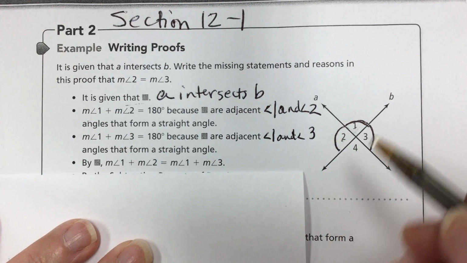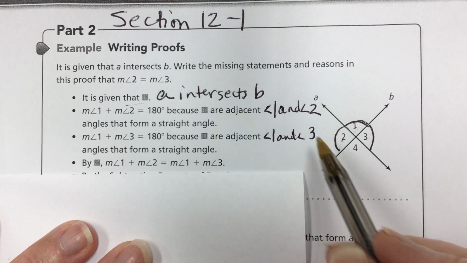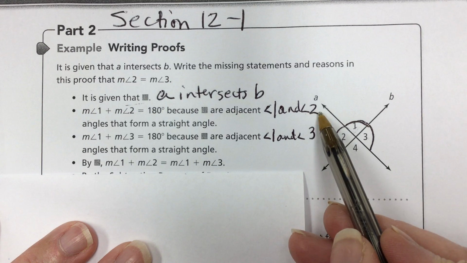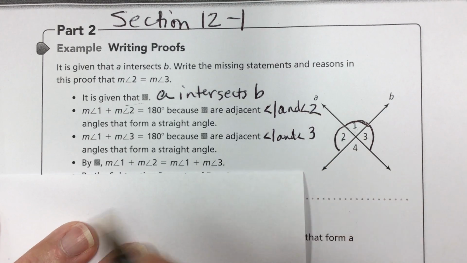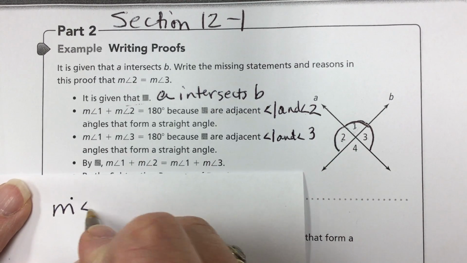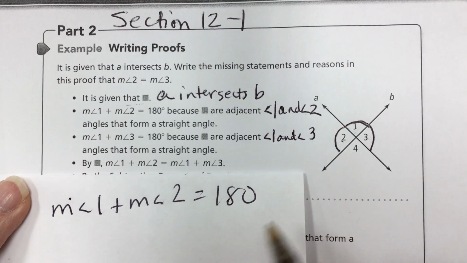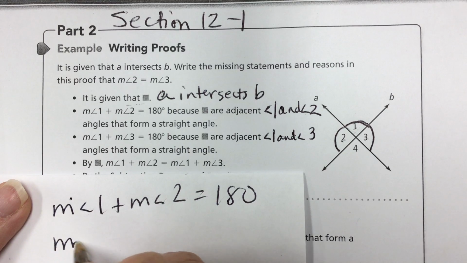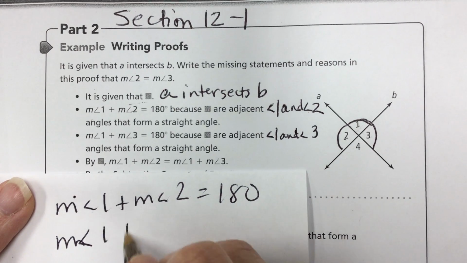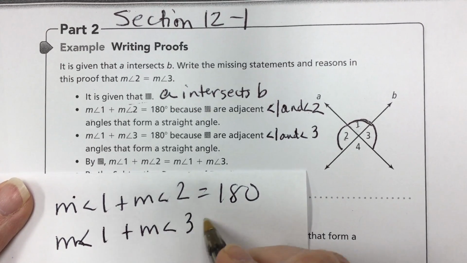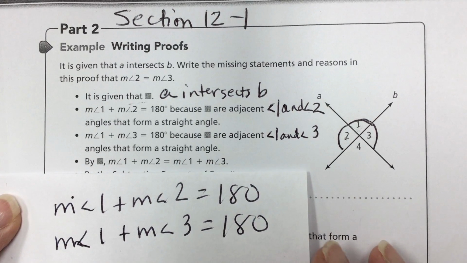So if we know that the measure of angle 1 and angle 2 equal 180, I'm going to write that. We know that the measure of angle 1 plus the measure of angle 2 equal 180. We also know that the measure of angle 1 plus the measure of angle 3 equal 180.